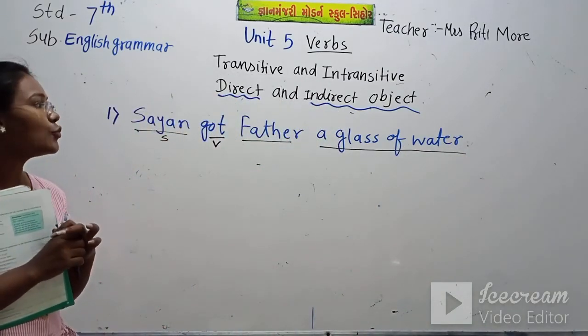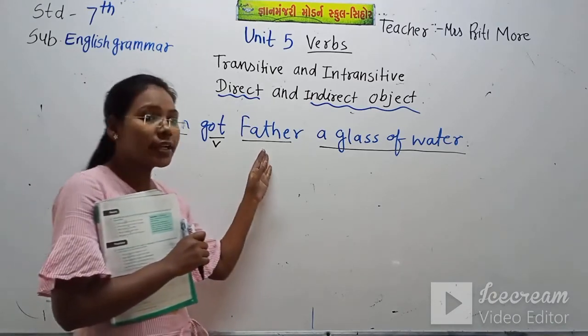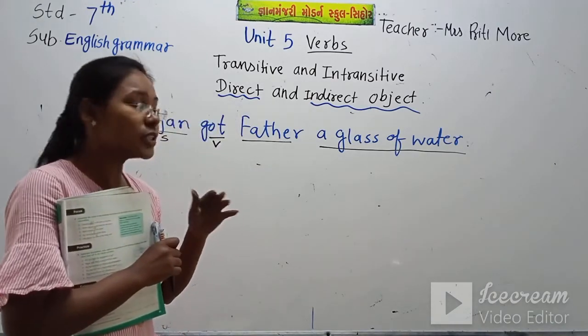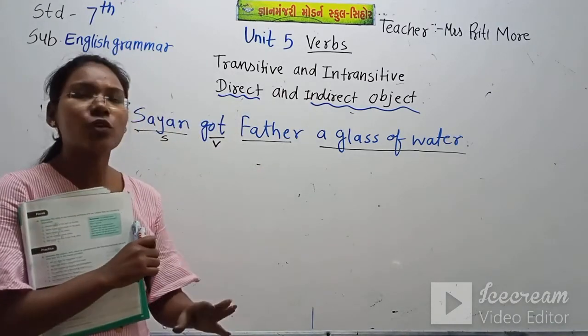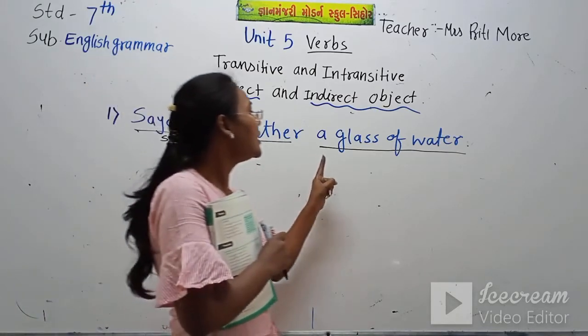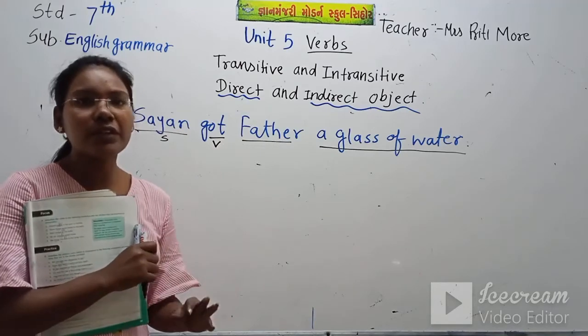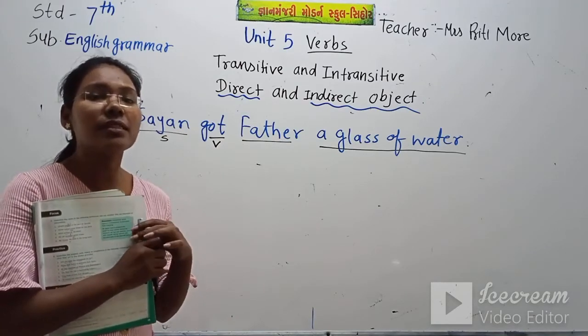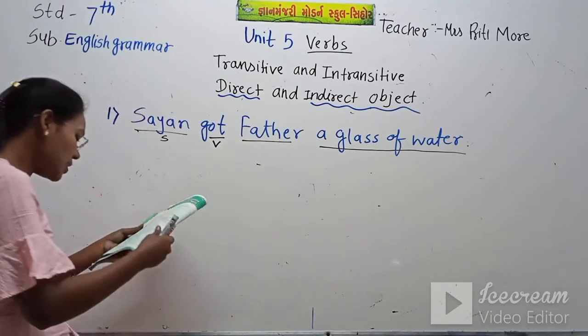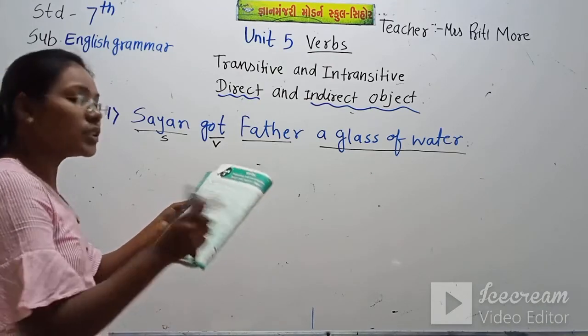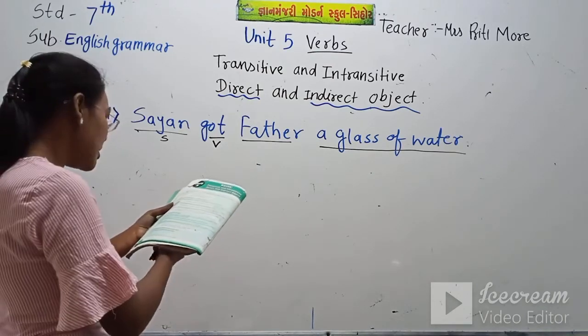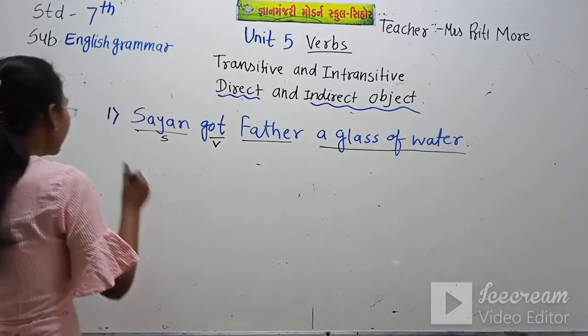Now we just have to find out which is the direct object and which is the indirect object. For finding the direct object, we have to ask the question with what, to the noun, to the subject. What did Sayan get?